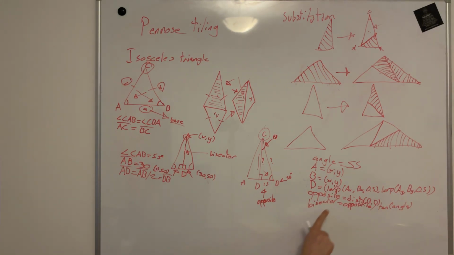Right, there we go. So now we know the length of the bisector. Now all we need to do is take the D to B vector.